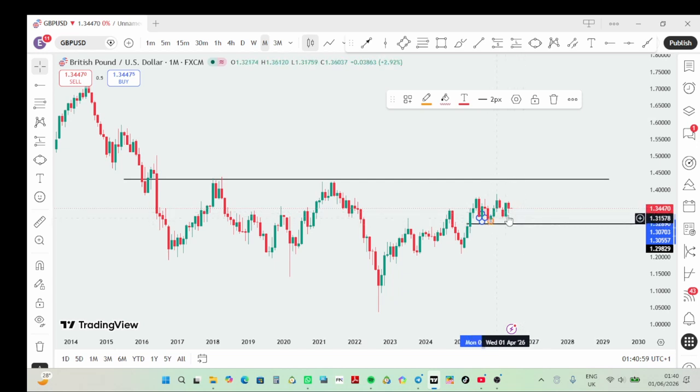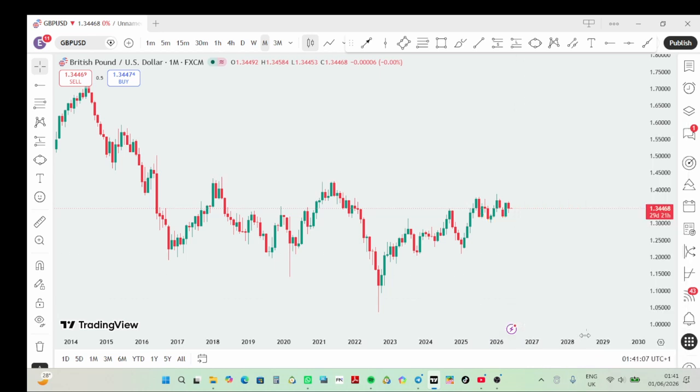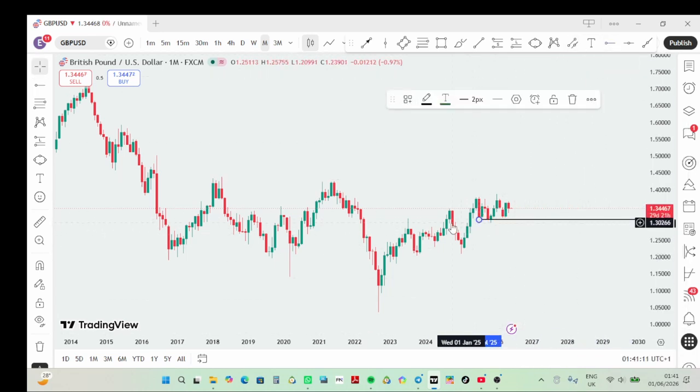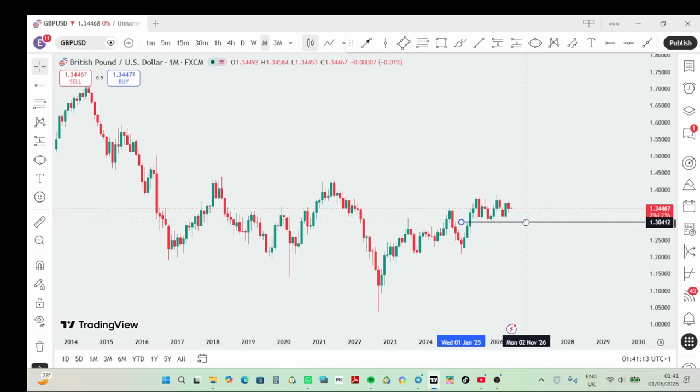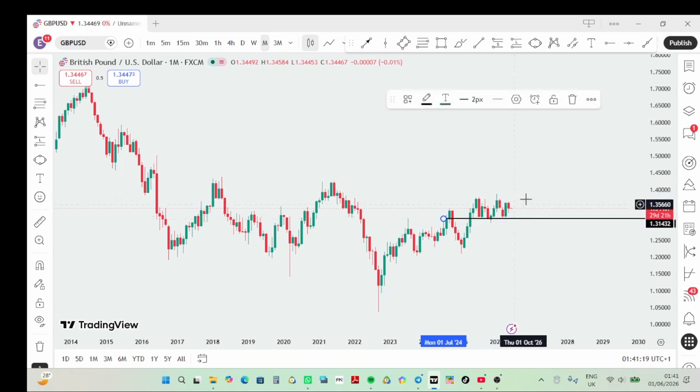With this, I can tell you that GBPUSD is already on its way up. It's already on its way up. So let's analyze and see where the market is going.